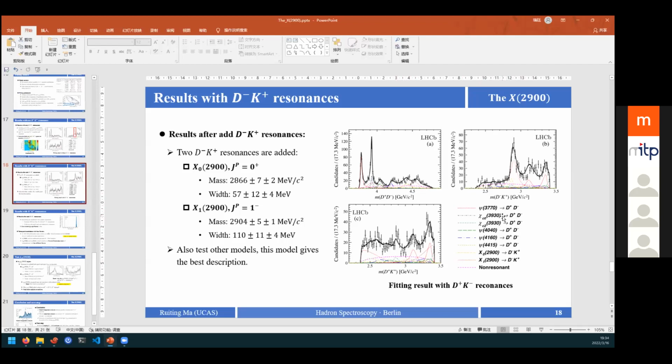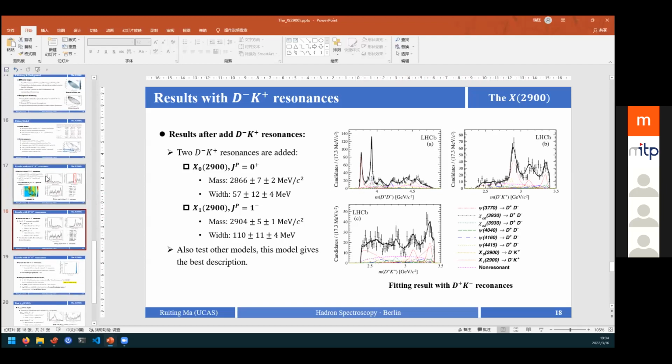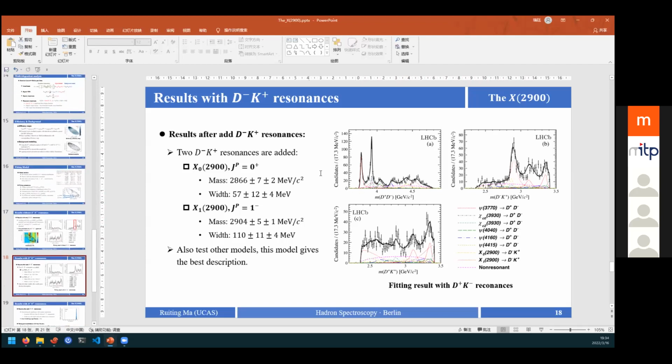But if I remember, I checked some old data by either Belle or BaBar, I cannot remember which one. They observed the same three-body B meson decays, and their spectrum looks different. Of course, they don't have that high statistics, and also from a theoretical point of view, one would expect that because of the V minus A current, the c c-bar will be more easily produced in vector and axial vector quantum numbers.